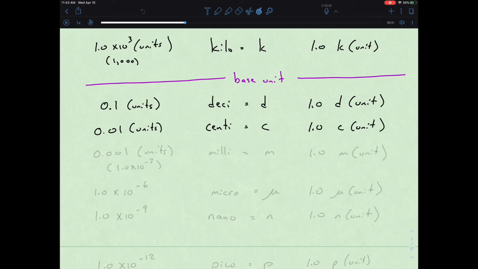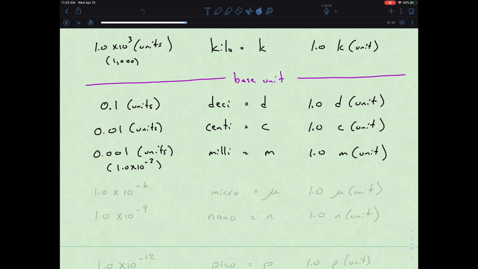And then if we go one step further, now we're talking about 1.0 times 10 to the negative third units. That is a milli, or a milliunit, like millimeter.